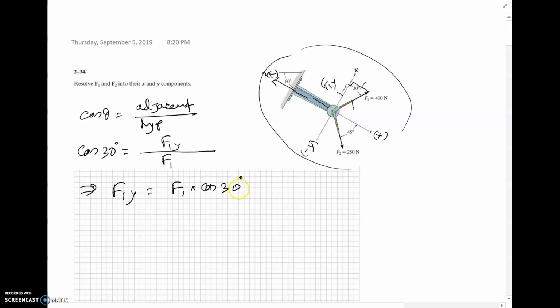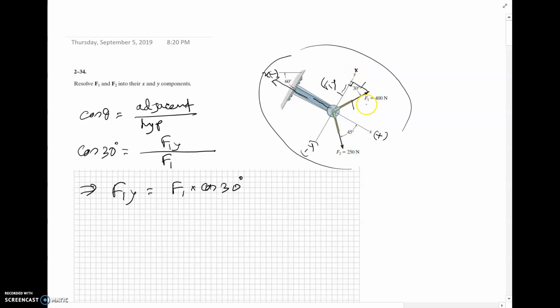By the same method we can find the components of F2 in the x and y directions. But there is a shortcut. Even without drawing this triangle, we can say that this was the adjacent side if there was a triangle, and this side is parallel to the x-axis. So this x-axis is the opposite side and this y-axis is the adjacent side.